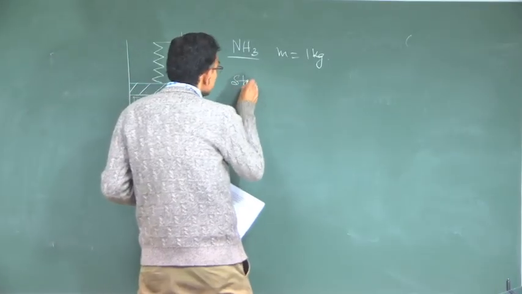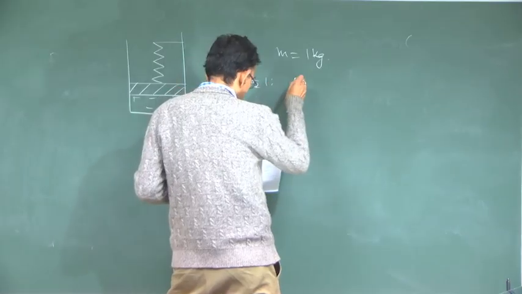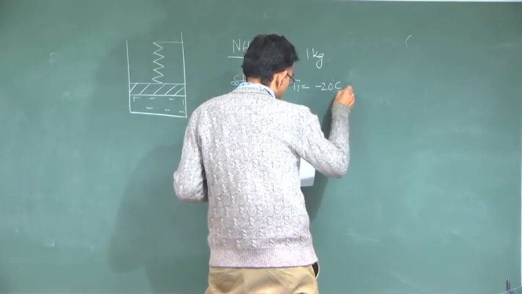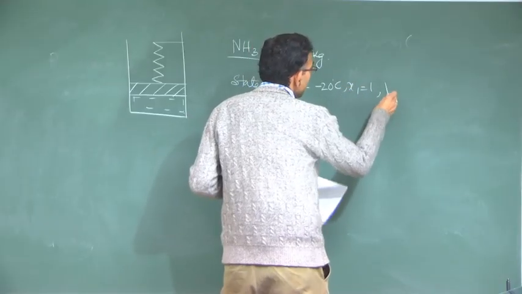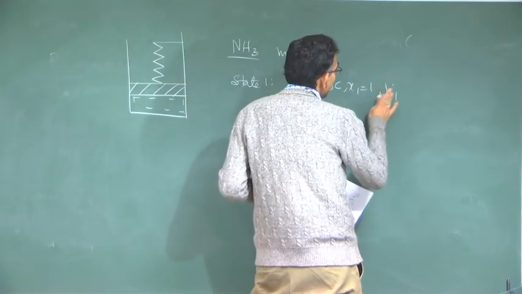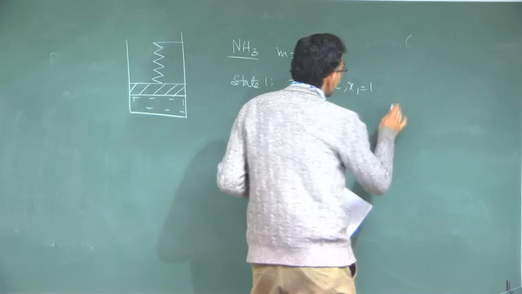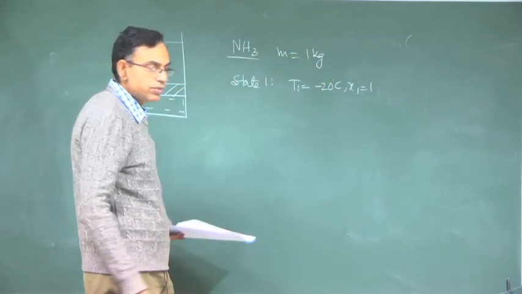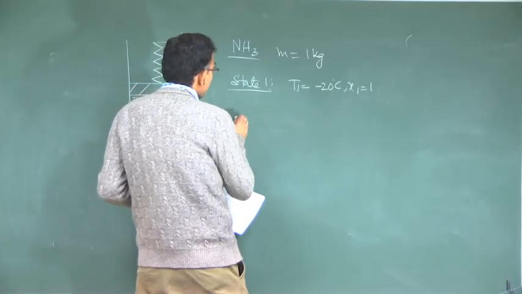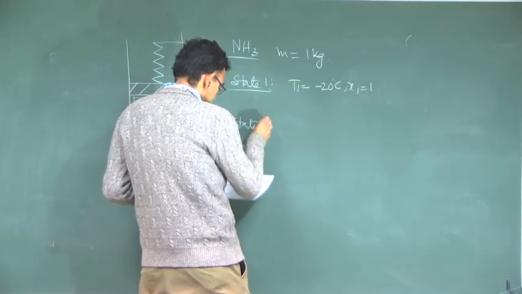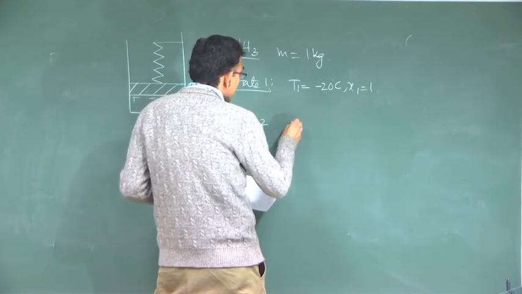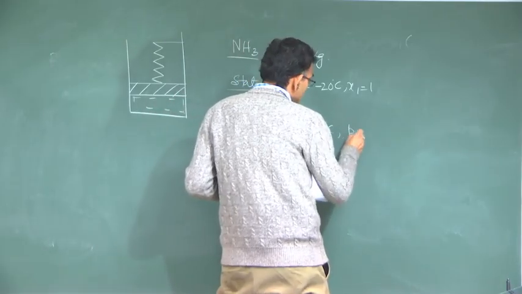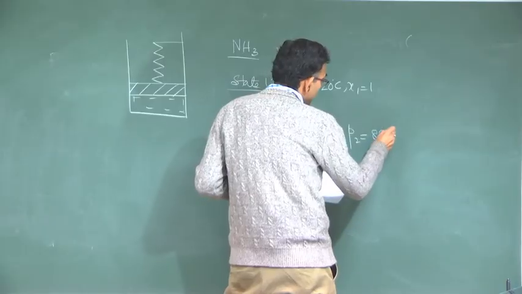State 1, T1 is equal to minus 20 degree centigrade, x1 is equal to 1. What other properties we will require, I will come to that when we solve, but let us first identify the states 1 and 2. State 2 is T2 is 70 degree centigrade, P2 is 800 kilopascal.